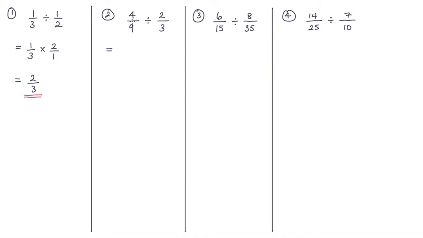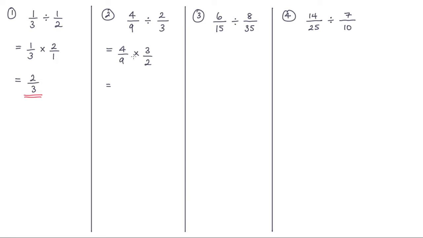So again, the process is write down the first fraction, change the division to multiplication, and flip the second fraction. So that'll be 3 over 2. Now, if you recall from the multiplication video, we always look for opportunities to cancel any values.